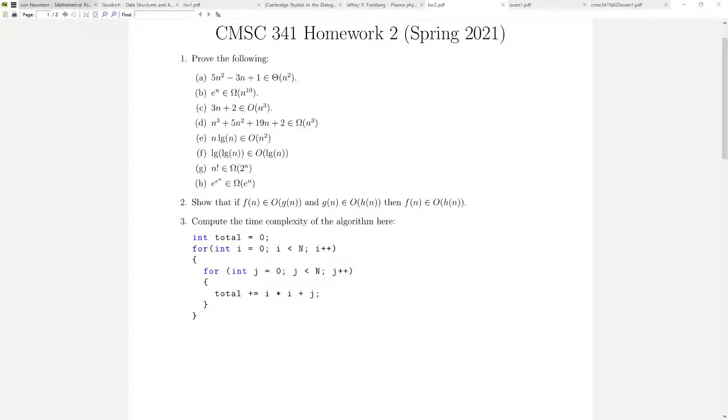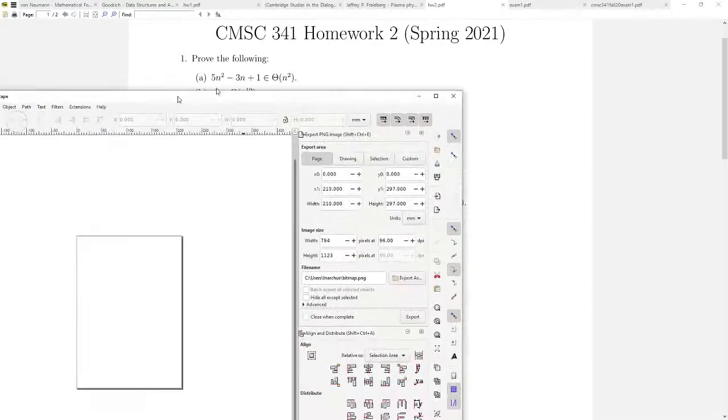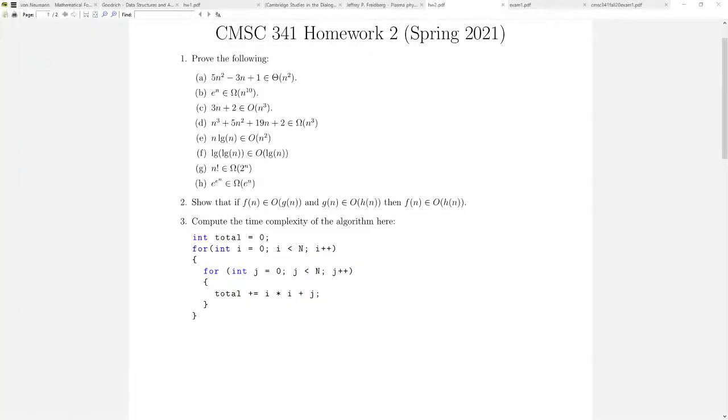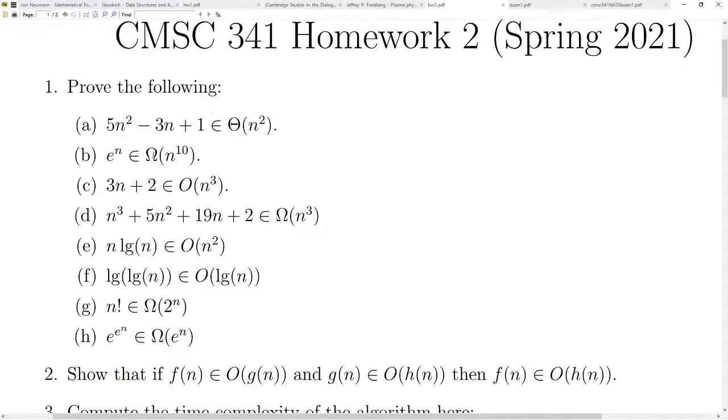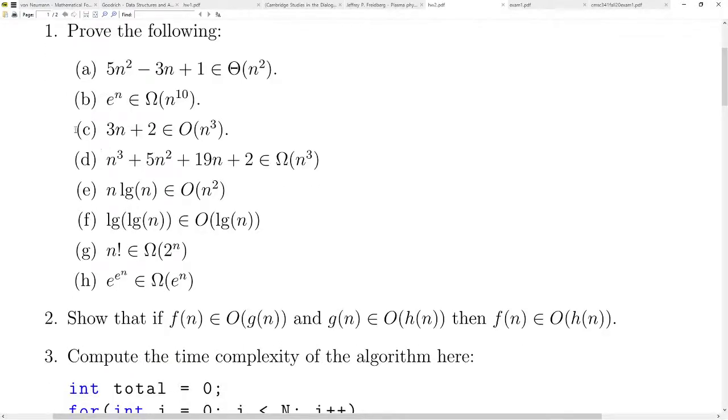Okay, let's do it. Let me open up a new Inkscape. Which one's a good one? Maybe I should go over some facts that you're allowed to assume.